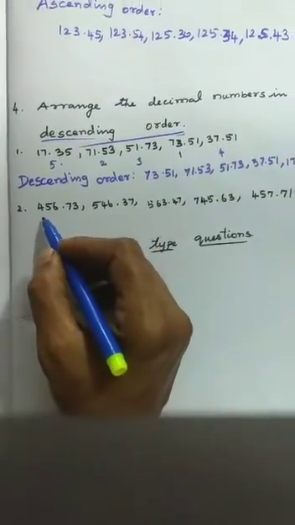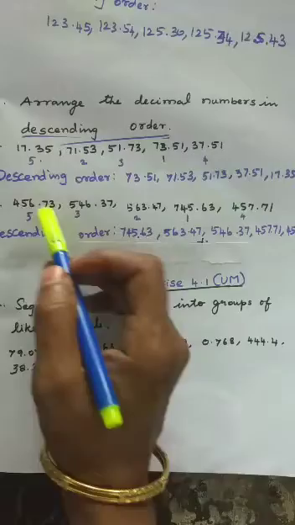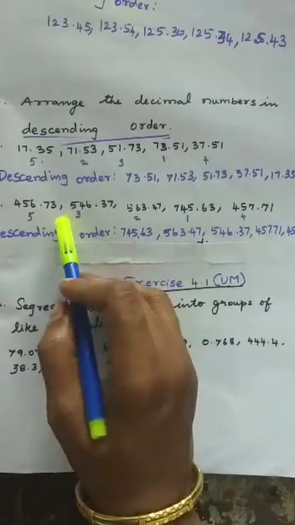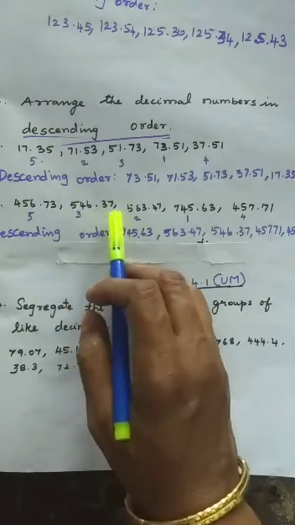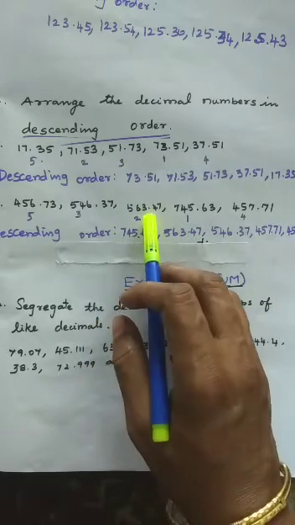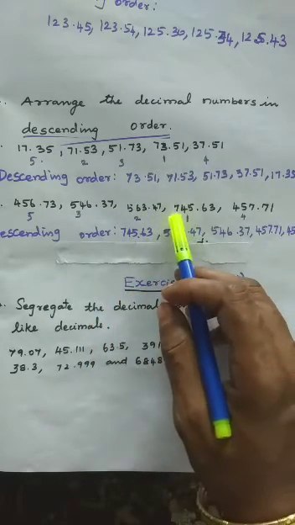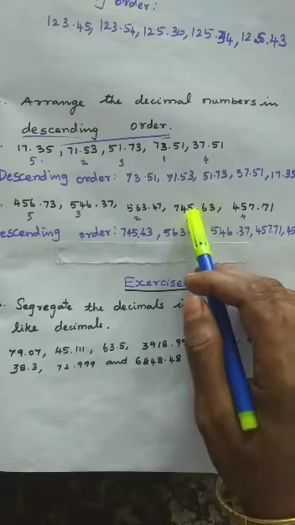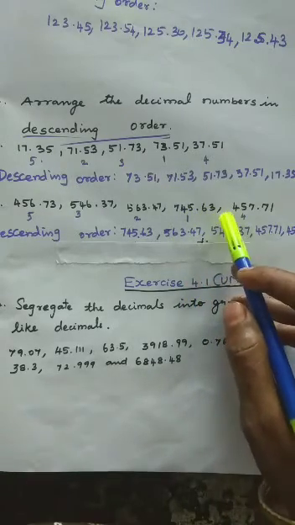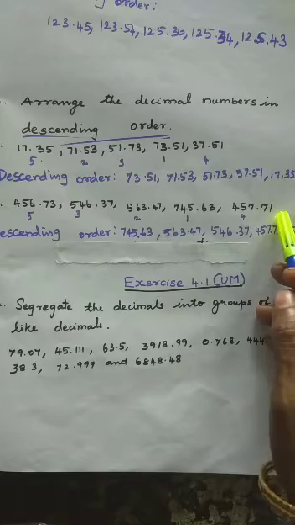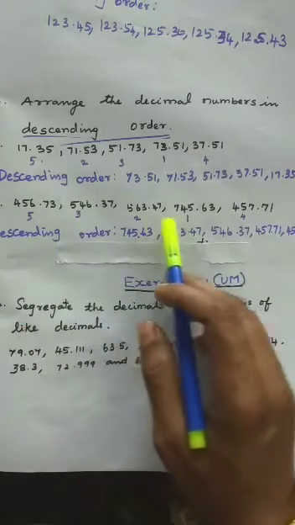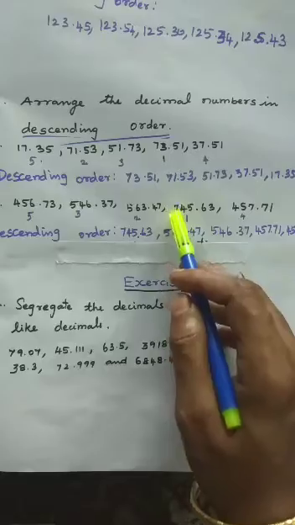Next one, descending order. See this: 456.73, comma, 546.37, comma, 563.47, comma, 745.63, comma, 457.71. Now you see which is greater. 745 is greater, isn't it?